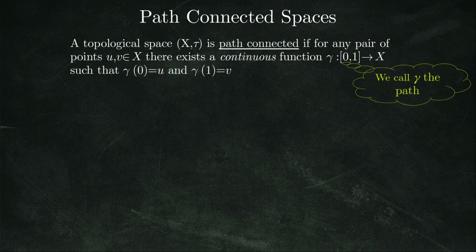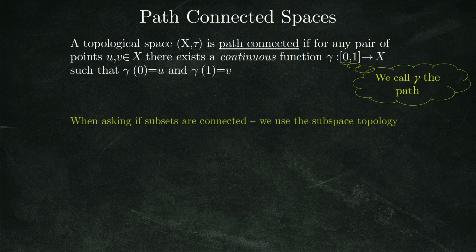So in general, a path is a continuous function from [0, 1] to a space. Now, if we want to look at a subset and ask if that's path connected, we could again use the subspace topology.